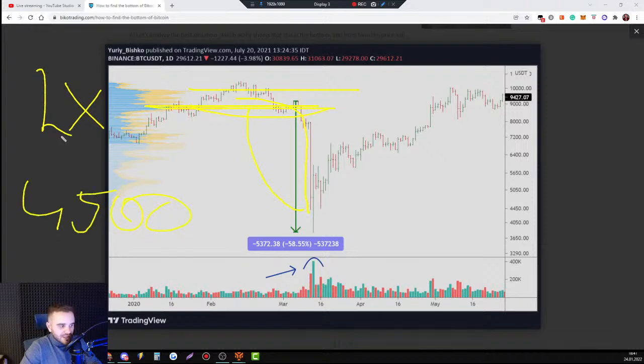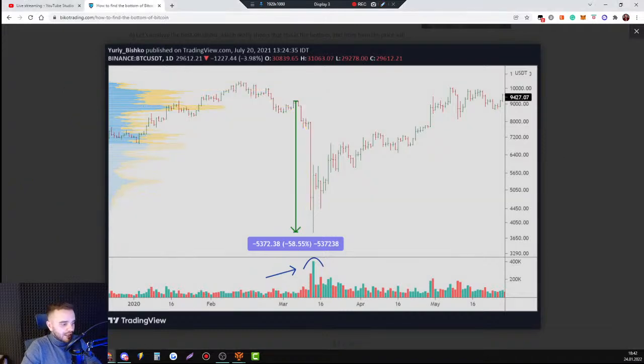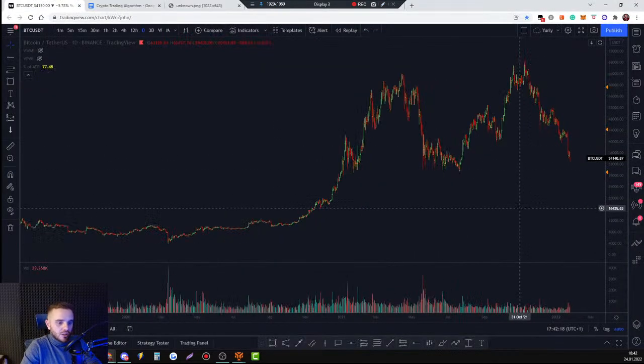That means that with your leverage, you lost your whole account. The exchange automatically sells your position to institutionals, and institutionals buy your position at a significant discount. That's how liquidation works.